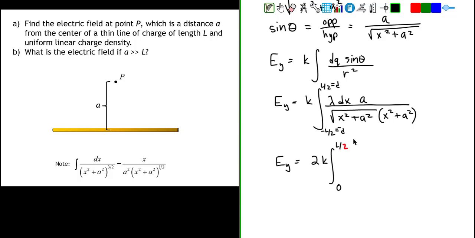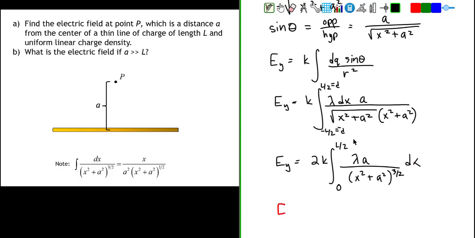So this is 2k lambda a over x squared plus a squared to the 3 halves dx. This right here, once we integrate, will tell us the electric field due to that line of charge.